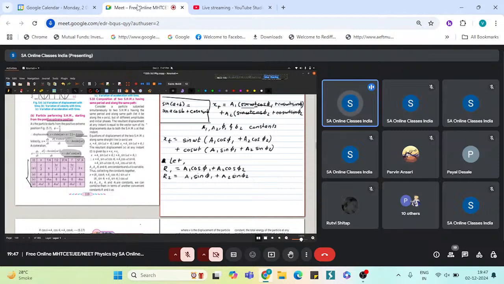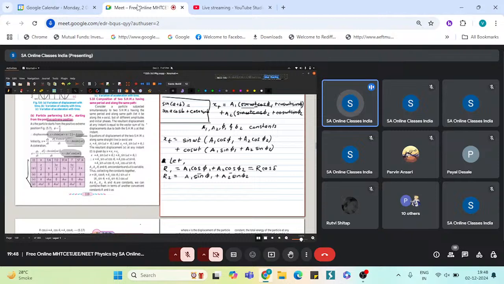And now because both of these terms in the R1 are cos terms, we can also assume that there is some vector R and its cos component is basically this. So the component of R is R1, which is equal to this whole term. And we can write this entire term as R cos some angle delta.